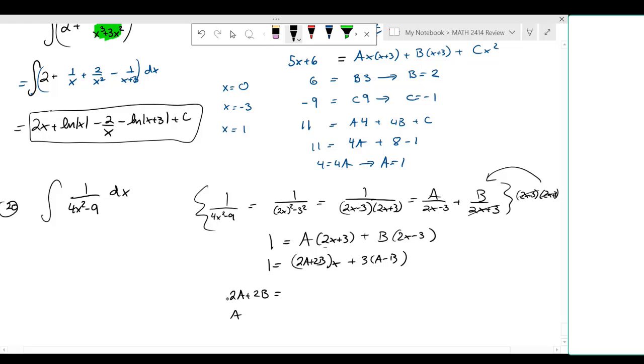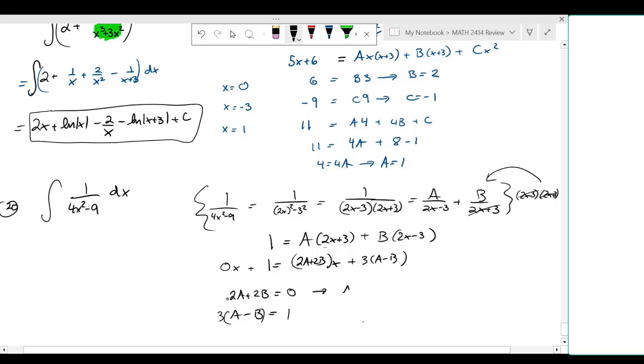And what does a minus b have to equal? What does 2a plus 2b have to equal? Yeah, right, because there's no x term on the other side. You can think of it as 0 times x. And then the constant term, 3a minus b, is 1.